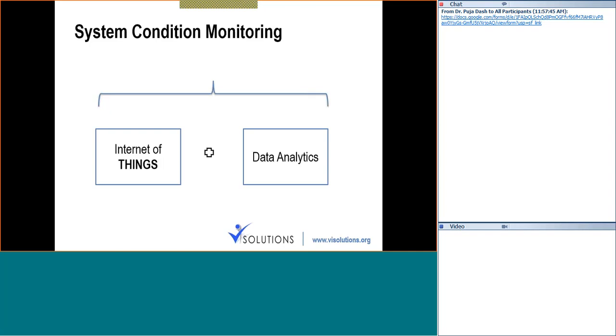So the Internet of Things is going to help us collect the data in a remote fashion, and push the data to a centralized location where you have a system which is going to do this predictive maintenance estimation.